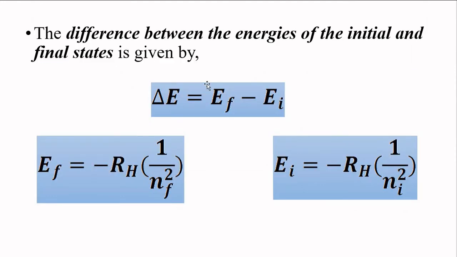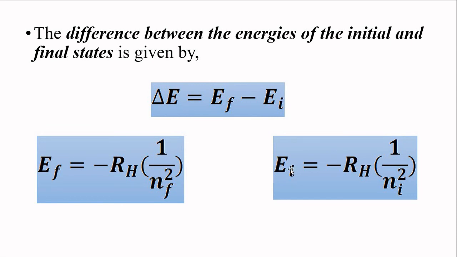So here the difference between the energies of the initial and the final states: let's say we have an orbit, we call it NF, the principal quantum number is NF. So the energy of the electron in that orbit is given by minus RH by NF square.